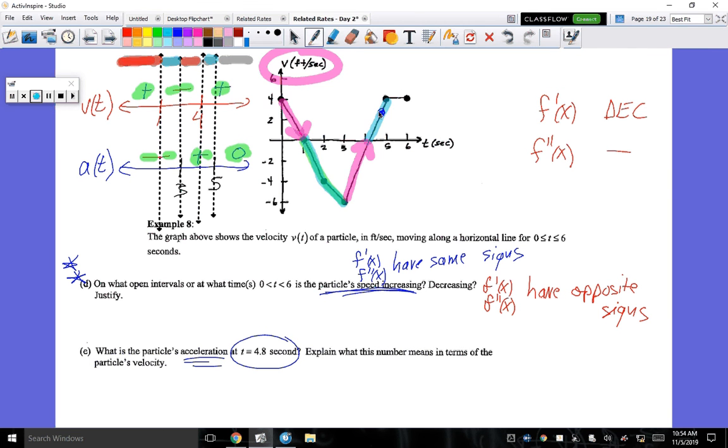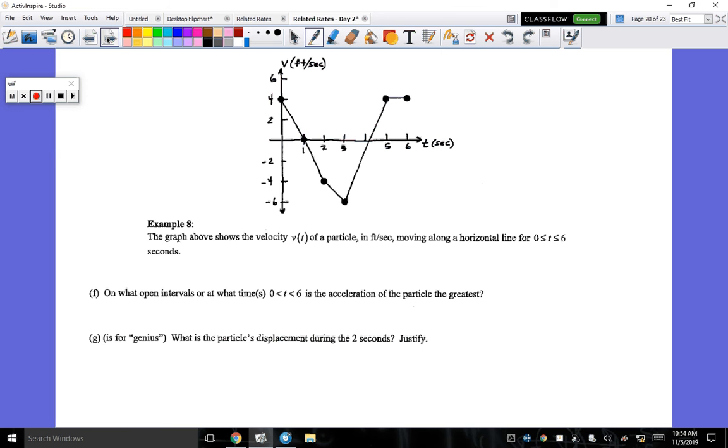Okay? On what intervals or at what times between 0 and 6 is the acceleration of the particle the greatest? Say again? 3 to 5, because what? Say again? The greatest slope.